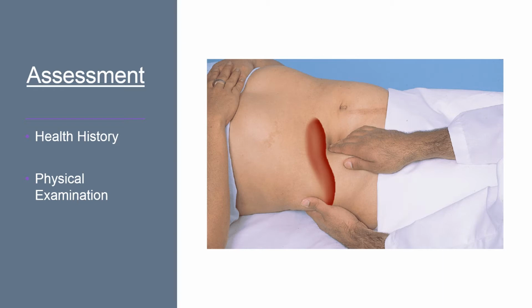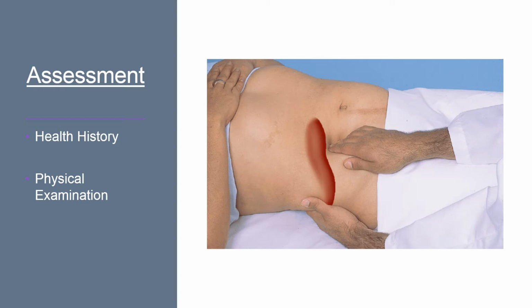You want to ask about alcohol and drug use. You want to ask about medications such as acetaminophen, valproic acid, which is an anticonvulsant, and it's also used for migraines. You want to ask about over-the-counter meds.